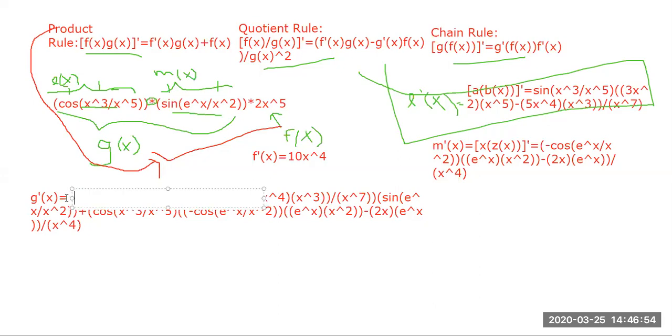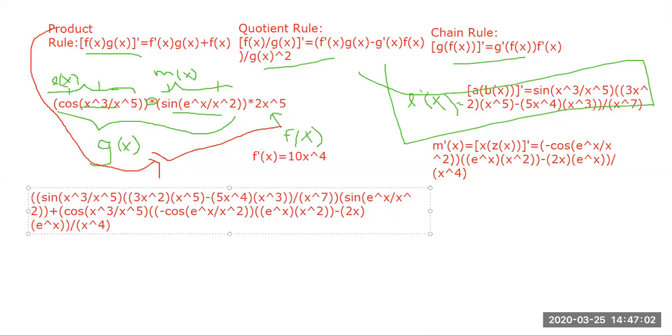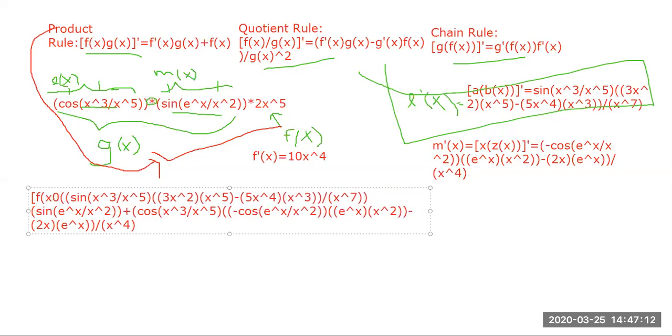So instead of doing all this again, I'm just going to take this as f of x times g of x prime equals, all right, so this is going to be our g prime of x.